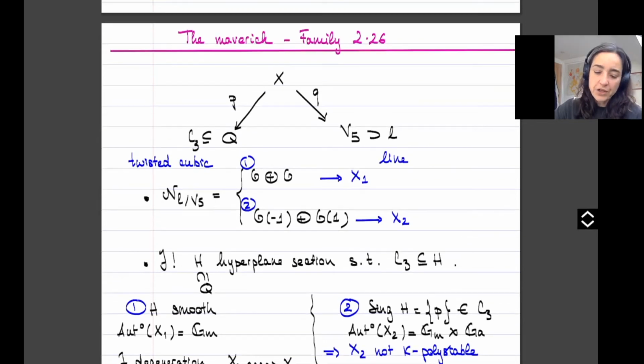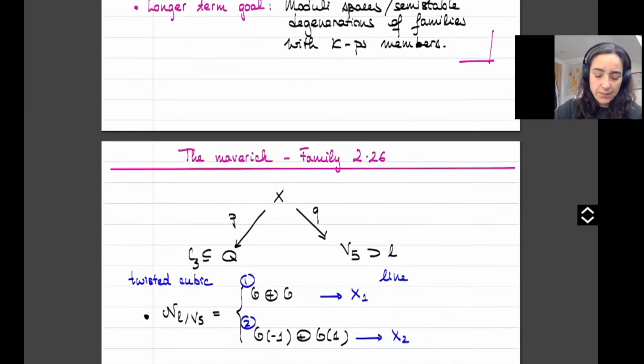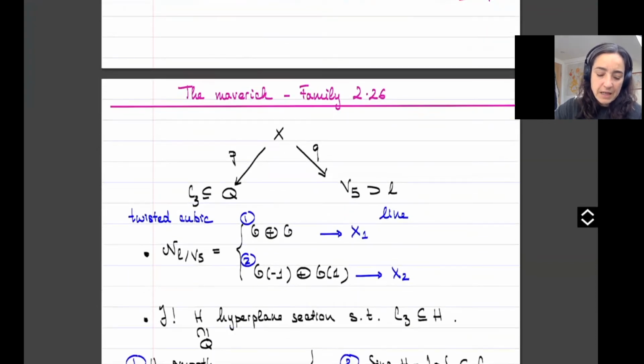So one way to differentiate between those two lines is that C3 is a twisted cubic on this side, and C3 lies on a unique hyperplane section of my quadric. So it lies on a unique quadric surface.